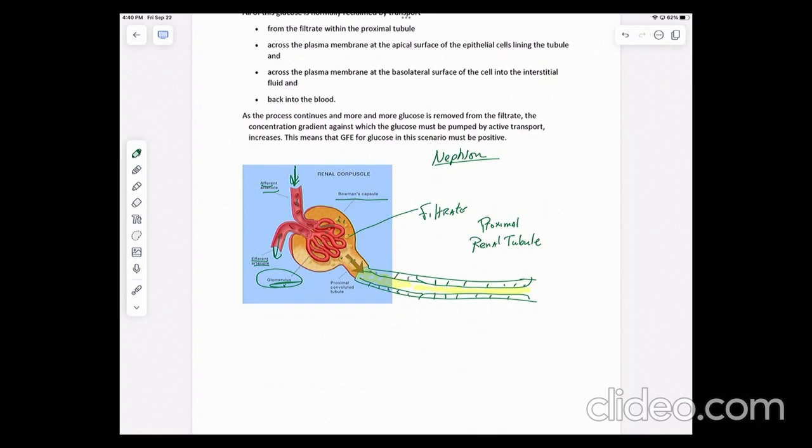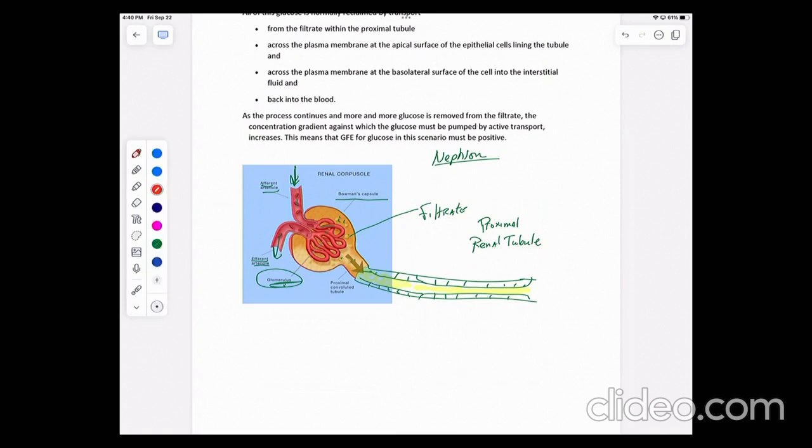So here's the challenge. The filtrate was plasma, and so it has a lot of things in it that were in plasma. Fresh, recently formed filtrate has a lot of molecules that your body needs. So most of the energy that goes into the kidney is spent removing all the good stuff from the filtrate and putting it back into the body, and what's left is going to be urine. So how does it get it back to the body?